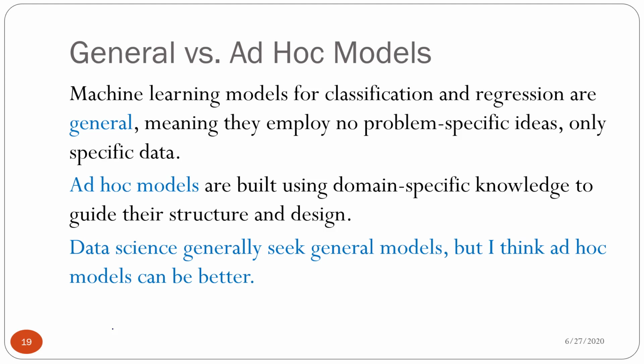Okay, so these are general algorithms which can work on a wide range of data sets, and we don't have any problem-specific idea that goes into their building. Whereas the ad hoc models are built on the basis of the problem that we are dealing with, which will need domain specific knowledge.